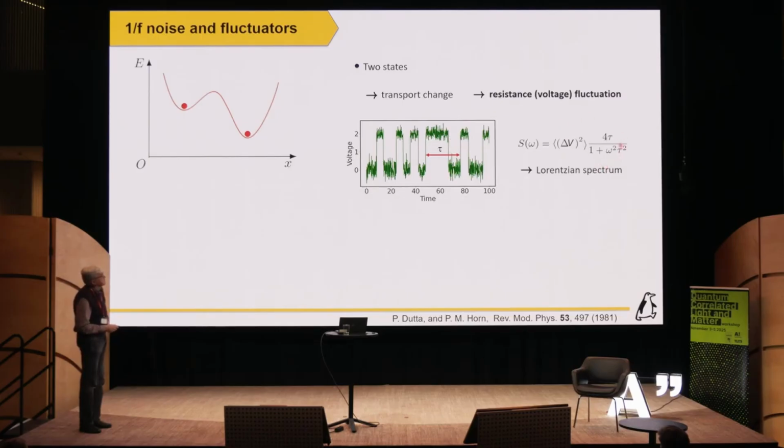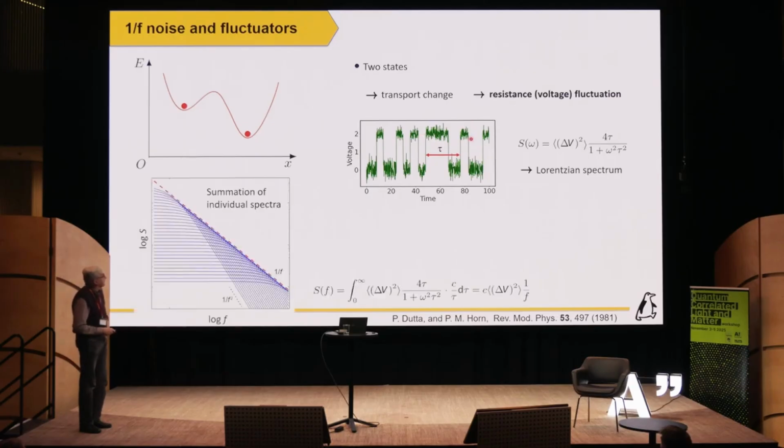So there's the basic fluctuation spectrum, and tau is the mean of the one period time. And then if you have lots of this kind of fluctuators, and let's say you have a uniform distribution of the energy barriers, and you sum up all the spectra, you get the 1/f noise spectrum.